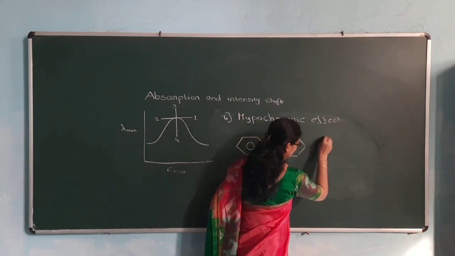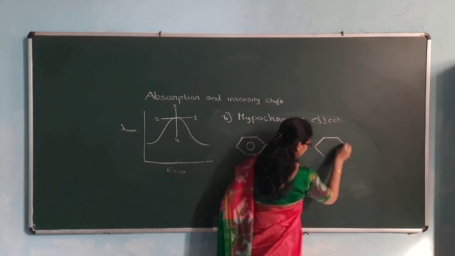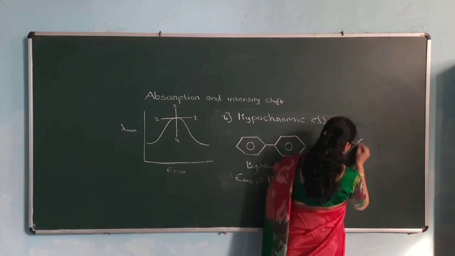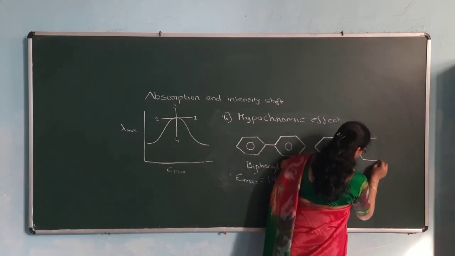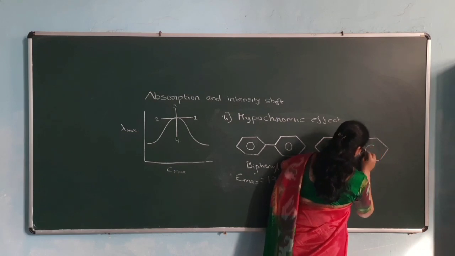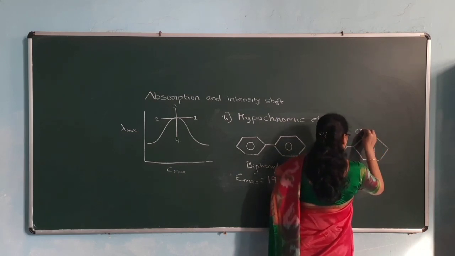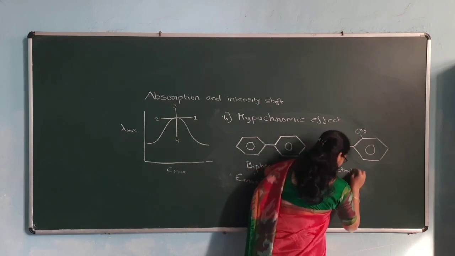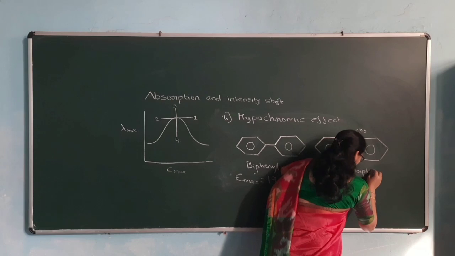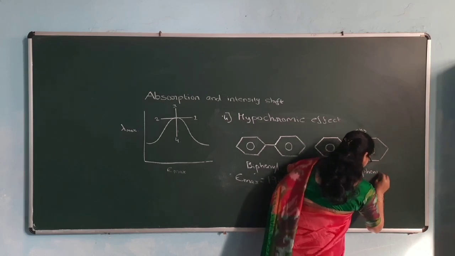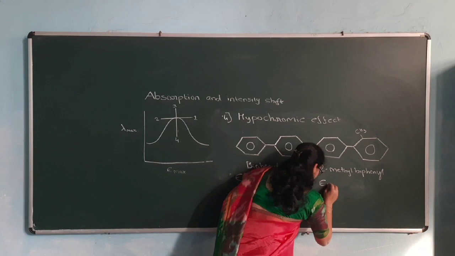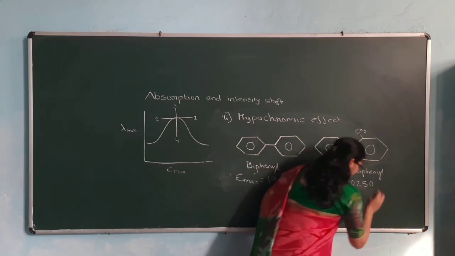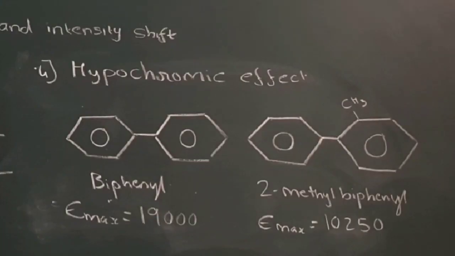That of 2-methyl biphenyl shows the intensity of absorption at 10,250. See the difference in the intensity of absorption.